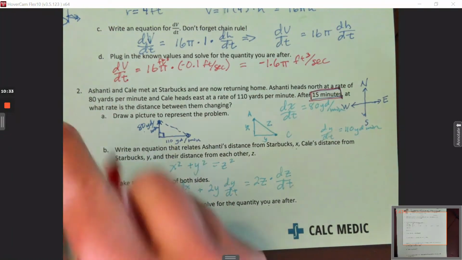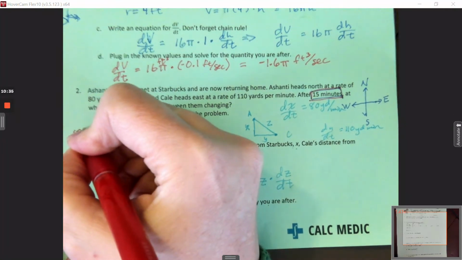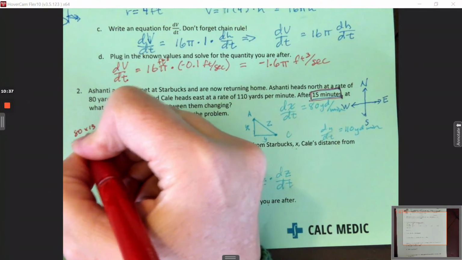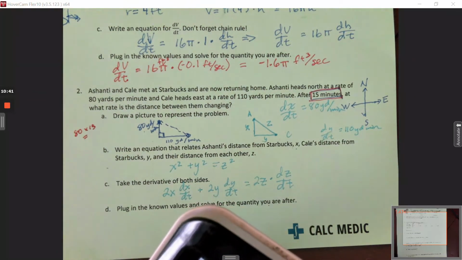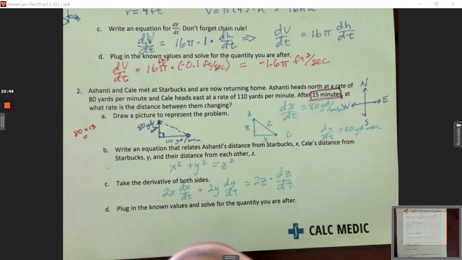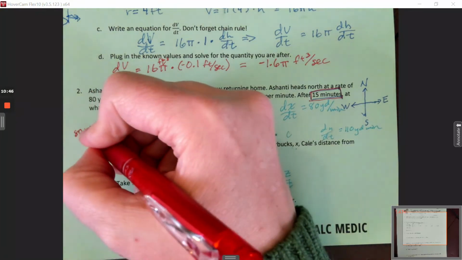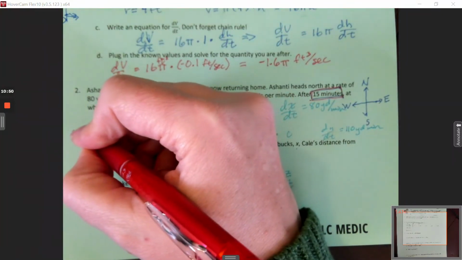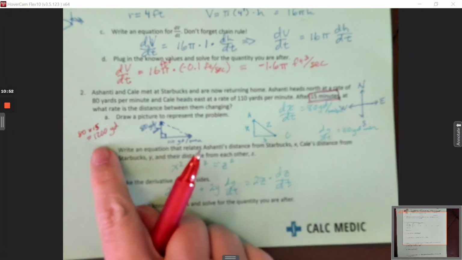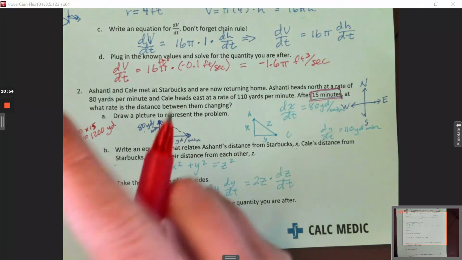So 80 yards per minute times 15 is 1200 yards. Okay, so that's how far Ashanti is. So that's x.